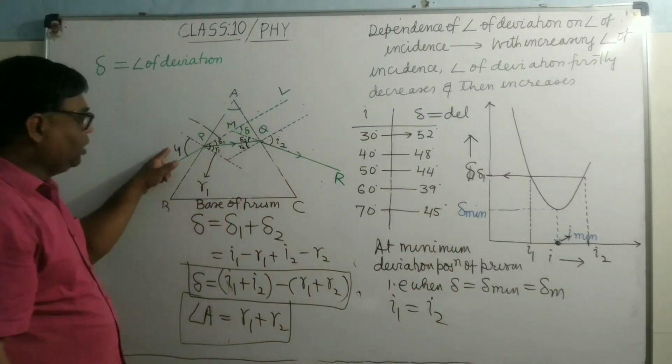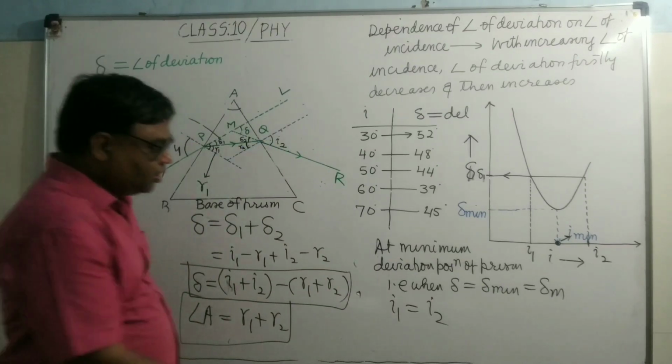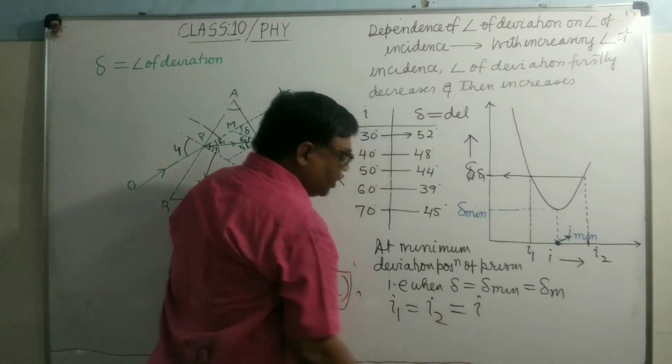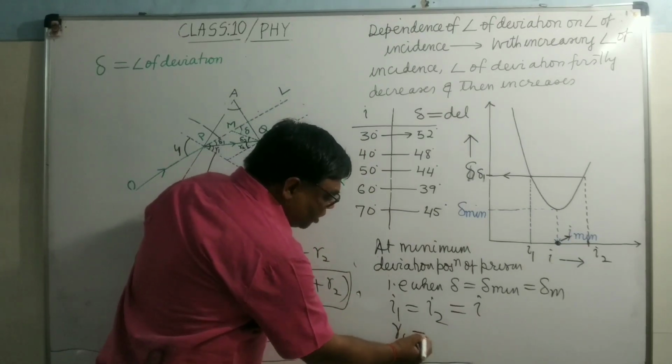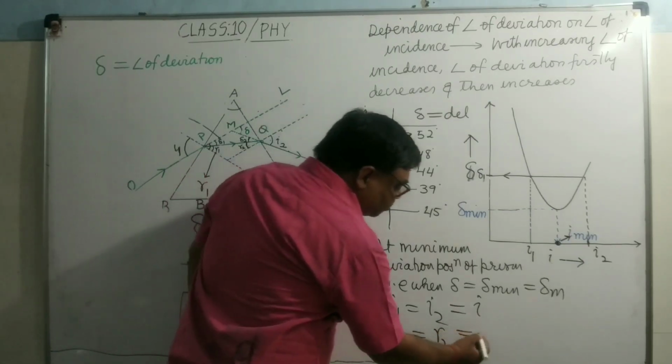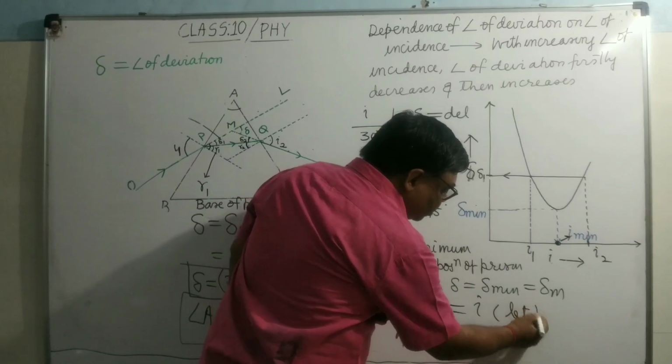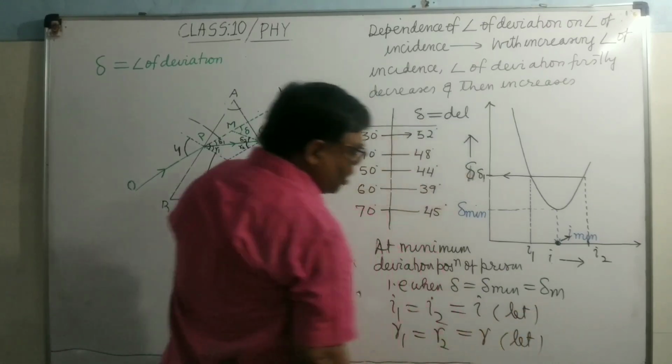These two angles will be equal. This we can take equal to i. And r1 will be equal to r2. This we can take as r. We have assumed that this is r.